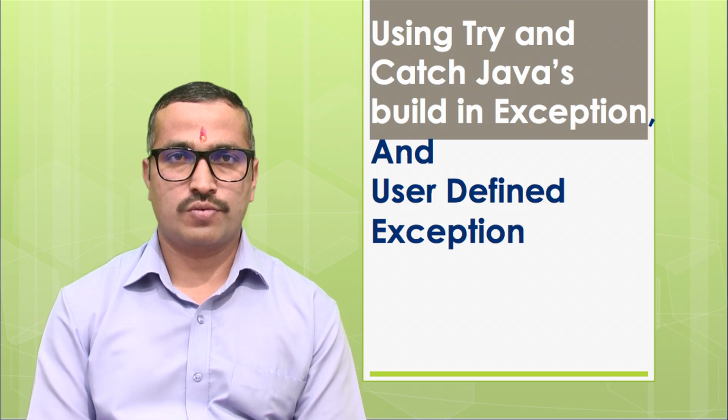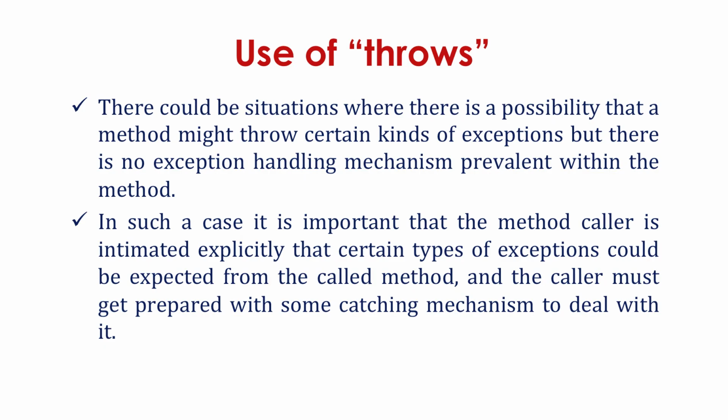Now, how to use throws, that is very important. There could be situations where there is a possibility that the method might throw certain kinds of exceptions, but there is no exception handling mechanism within the method. In such a case, it is important that the method caller is intimated explicitly that certain types of exceptions could be expected from the called method, and the caller must be prepared with some catching mechanism to deal with it.